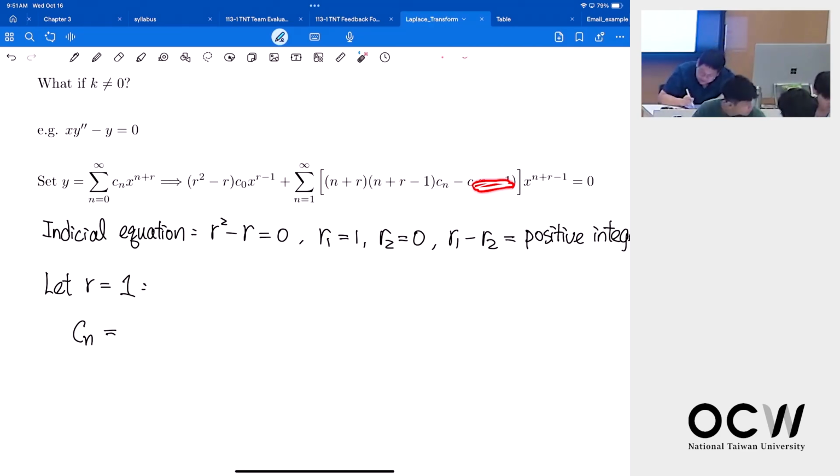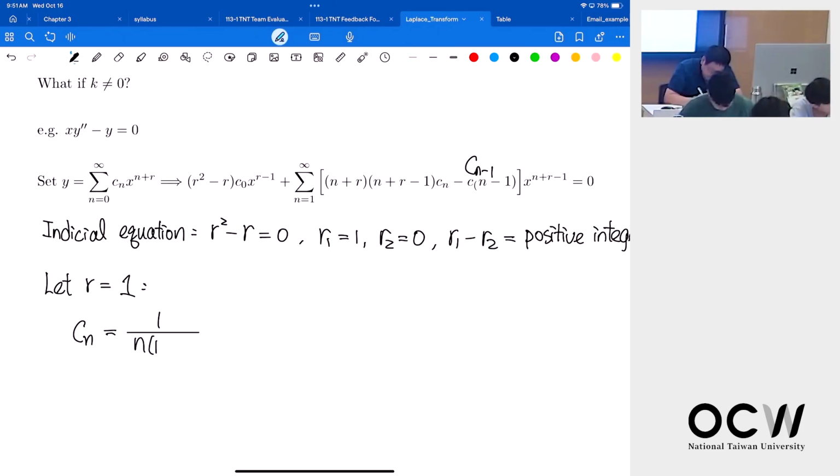This should be Cn minus 1. So we have Cn equals 1 divided by n times (n plus 1), Cn minus 1. And this n is from 1, 2, 3 to infinity.